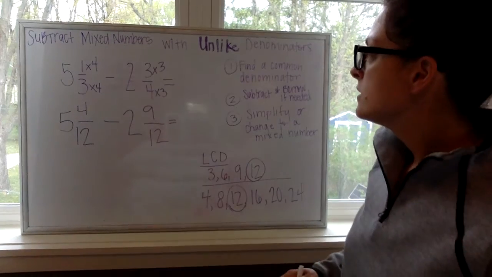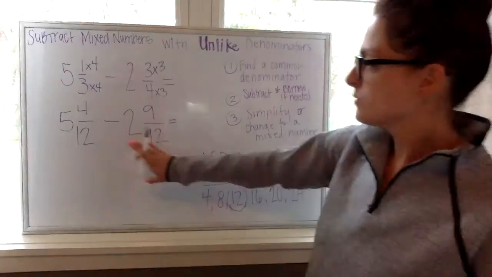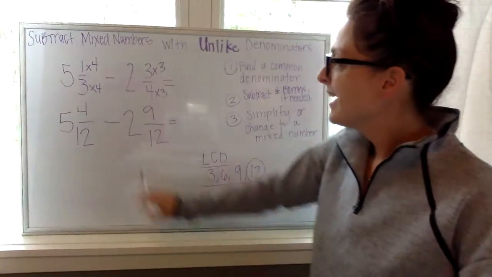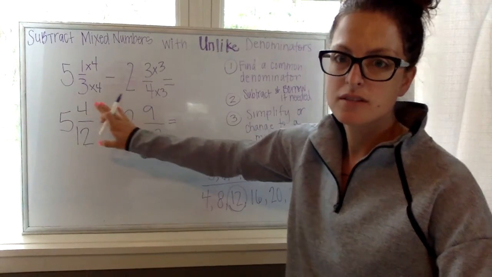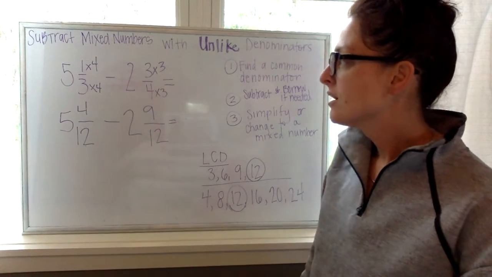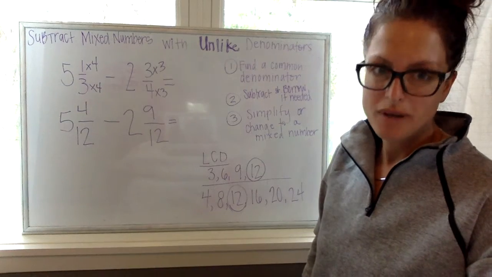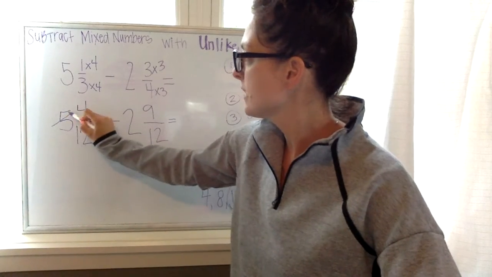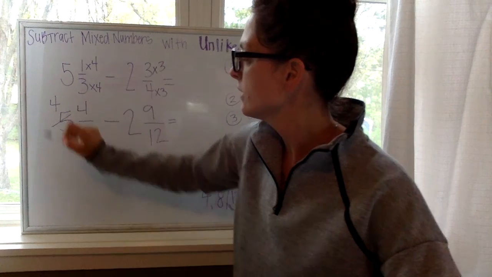Now what I notice is when I go to subtract, because that would be my next step, my first fraction is smaller than my second fraction. That means I need to borrow from my whole number. I'm going to borrow 1 whole from my 5, which leaves me with 4.